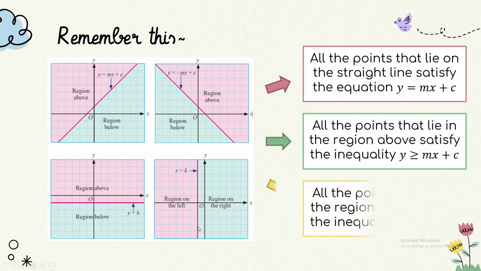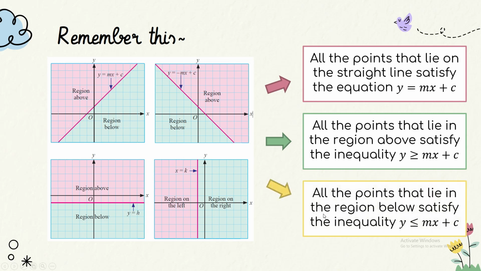Next, all the points that lie in the region below satisfy the inequality y lower than or equal to mx plus c. If it is located below the straight line, the green color, then from these three graphs it satisfies this inequality.